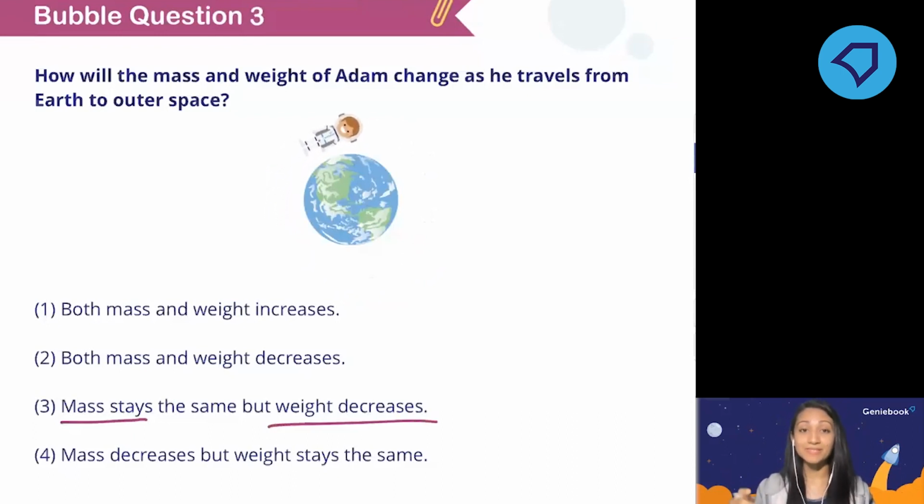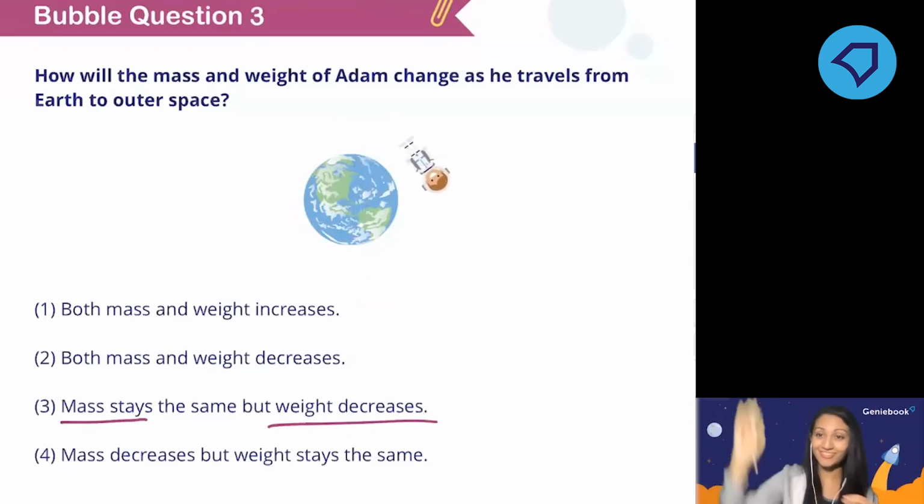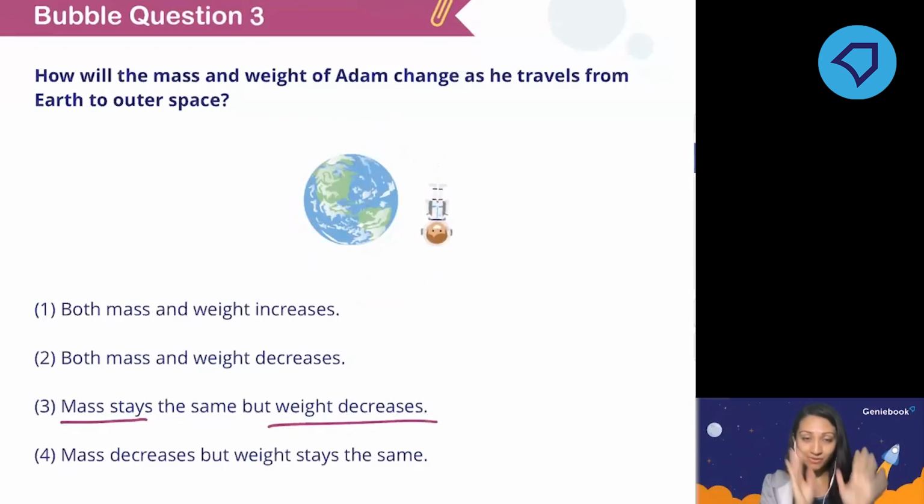That's why he becomes lighter as he moves away from the center of the Earth. Got it? So mass remains the same. What does the weight change based on? Who can tell me? Take note of that: mass remains the same, weight changes based on location.